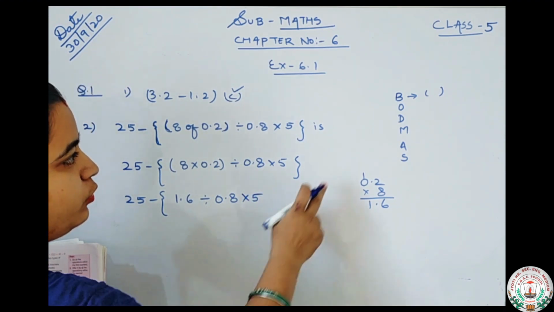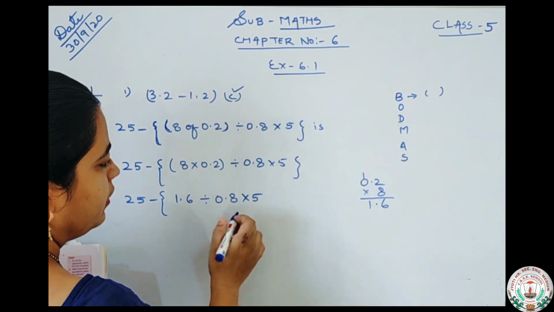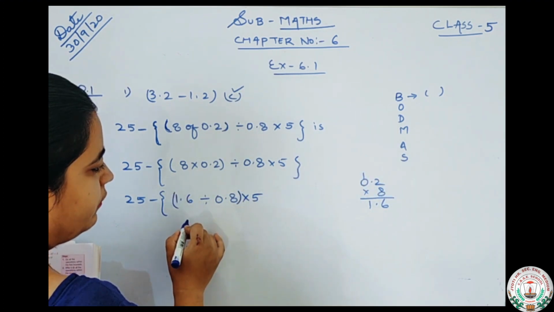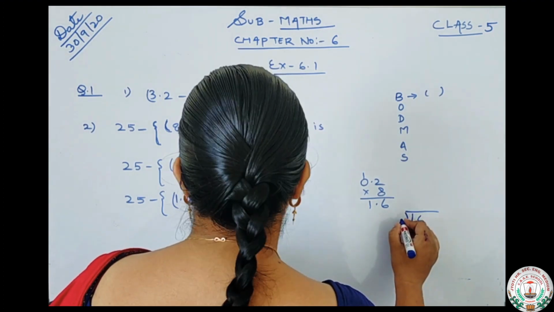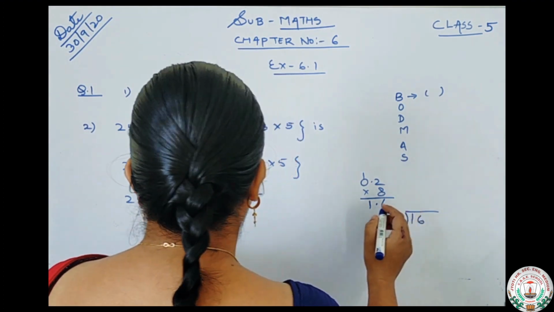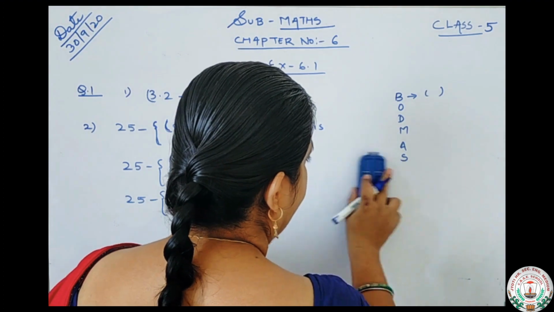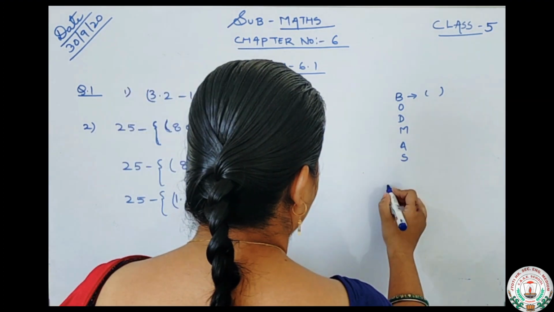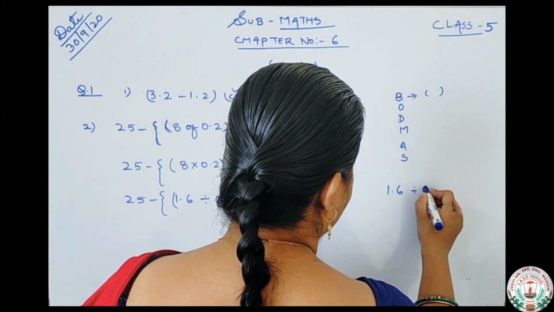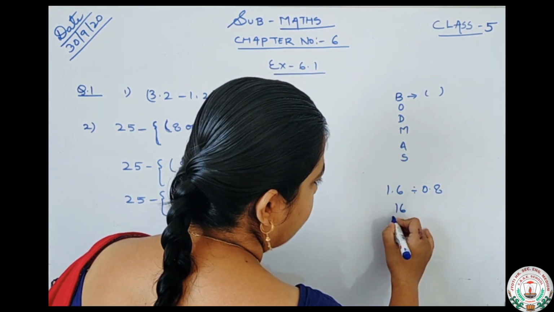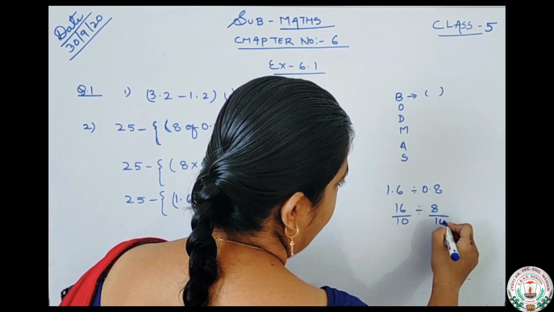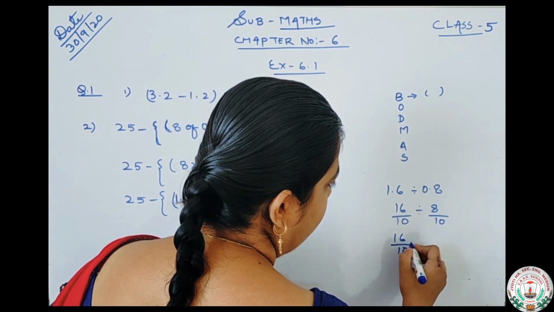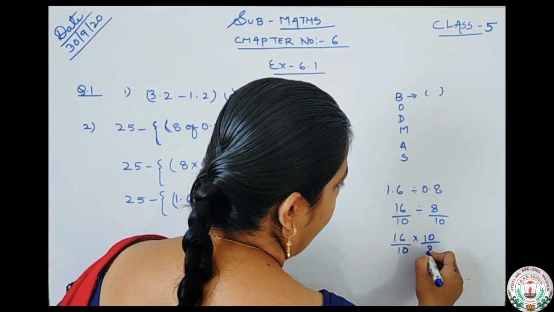So what we will do after "of" is division. So we will divide this first. 16, here 8. You can divide like this also: 1.6 divided by 0.8, 16 by 10 divided by 8 by 10, that is 16 by 10 into 10 by 8.